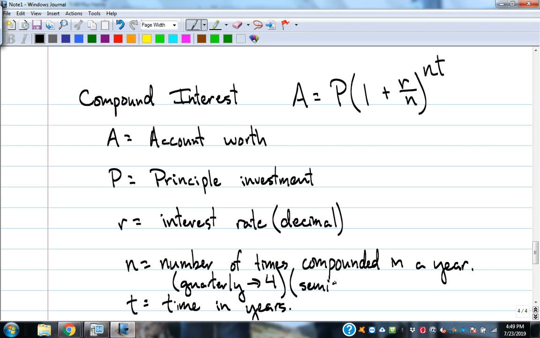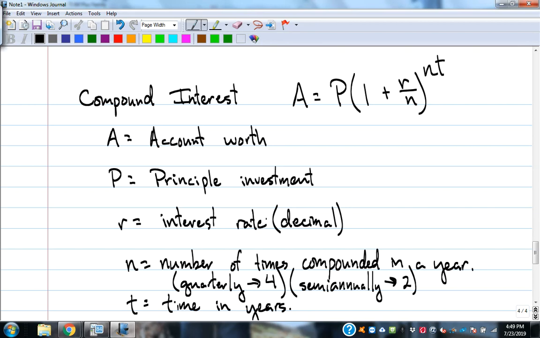Semi-annually, 2 times. So N would be 2. If it's annually, N is 1. If it's monthly, N is 12. If it's weekly, it's 52. So bi-monthly would be 6 times a year.